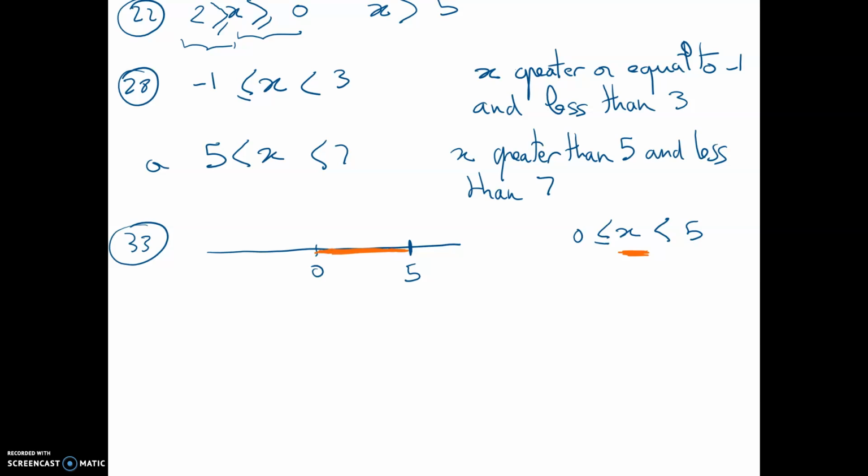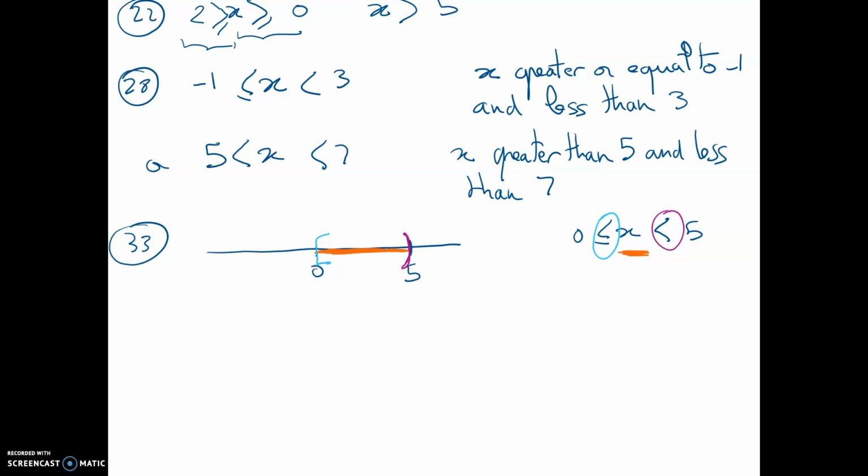Now, because we have an equal right here, we have or equal, that means 0 is a value that x can be. So I'm going to use a bracket. On the other hand, x cannot be equal to 5, and so I'm going to use a parenthesis.